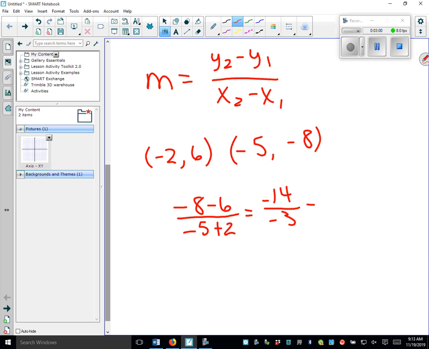So what is the slope? 14 thirds. That formula you have to know yourself. Mark it however you need to mark it. All right? Next thing on the test.